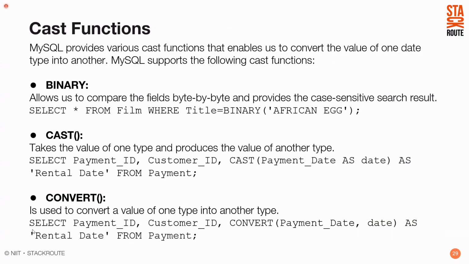Apart from that, we have some casting and conversion functions. In order to convert the value of one data type into another data type, MySQL provides binary. In order to compare byte by byte value, again I'm repeating, even though we are in advanced technology, the machine will store the data in what?